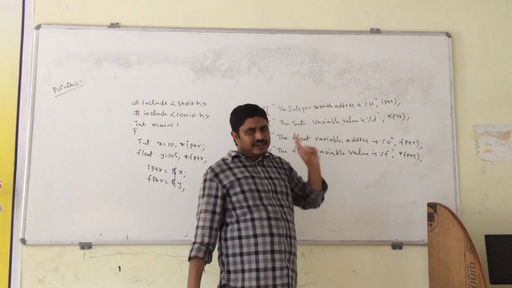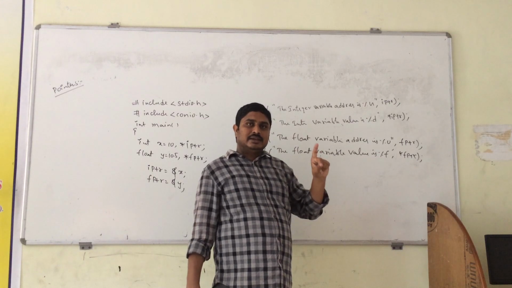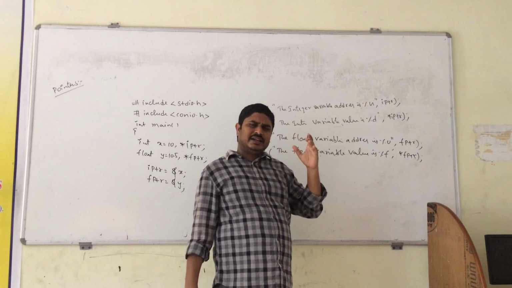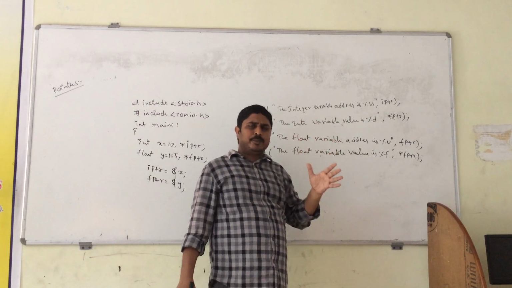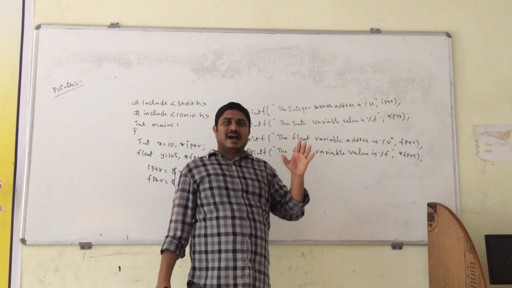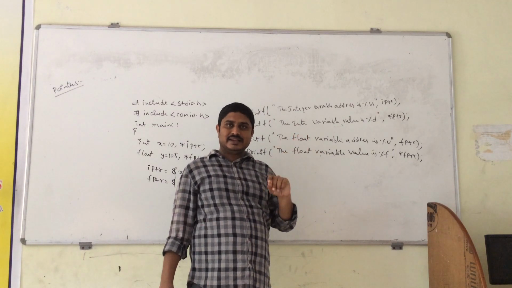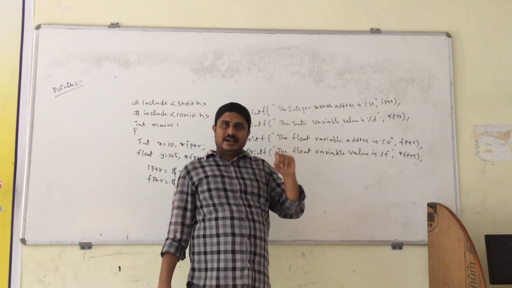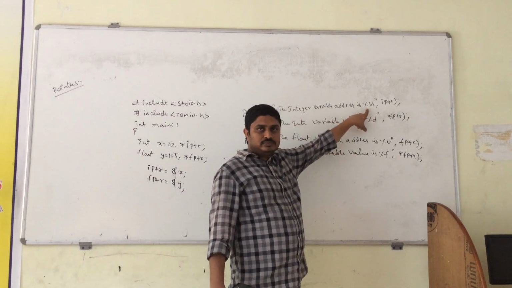For every pointer, the size is 2 bytes. That means for every pointer, either a float pointer, character pointer or integer pointer, it uses an unsigned integer. For the unsigned integer, it allocates 2 bytes of memory. For an unsigned integer we use the format specifier %u.